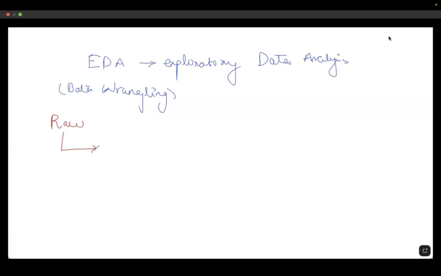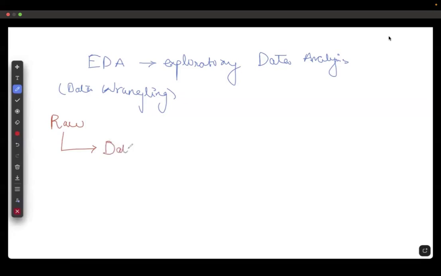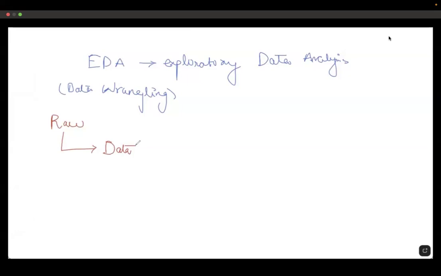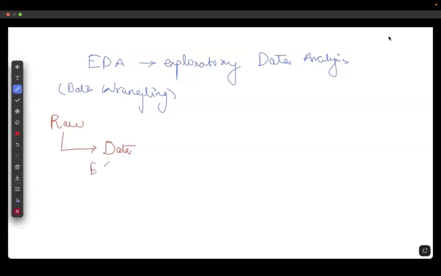Now, when we receive the raw information or raw data, first what we do, we try to understand the data, okay, by looking at it, by understanding what type of feature it contains, how many number of observations are there, what is the shape of the data, what is the size of the data, things like that. And we call this thing as data exploration.